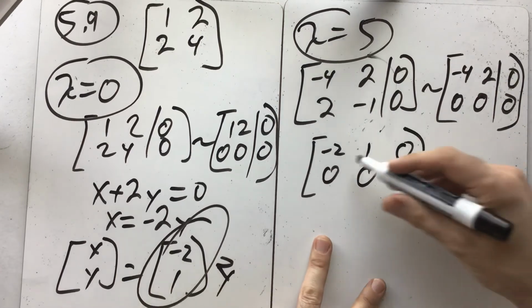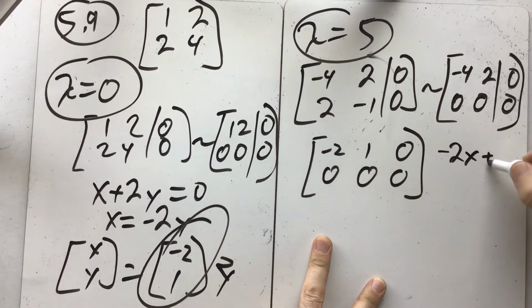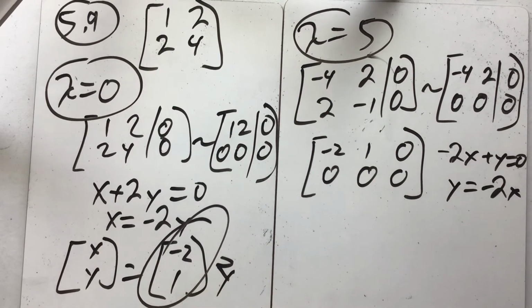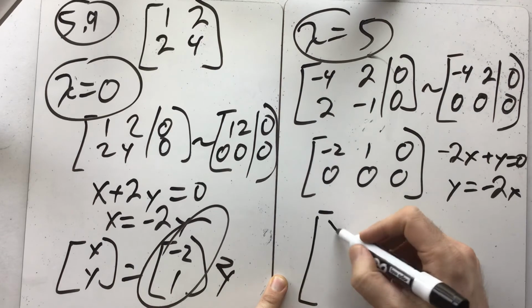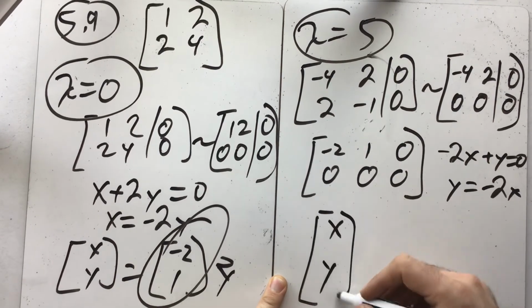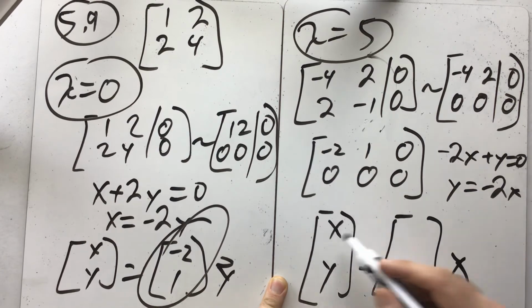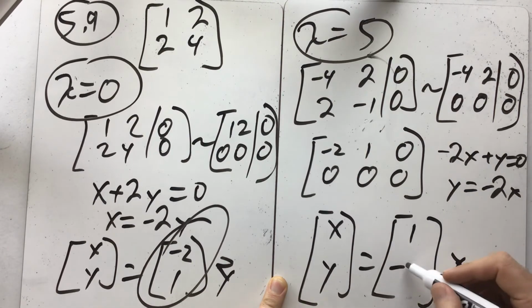And then I can use the fact that negative 2x plus y equals 0, and I can just say y equals 2x. Maybe I'll make x my free variable instead of y. We've kind of seen earlier in the semester that we have some flexibility in how we choose things. And that will make my xy vector look like this. So now my xy vector will be a multiple of x. x is equal to x, and y is equal to 2x.